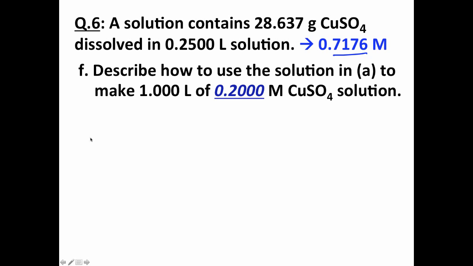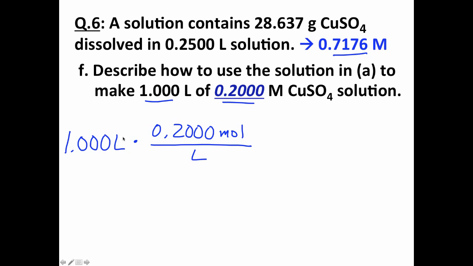First of all, one way we could do this is to say we have 1 liter of a 0.2 molar solution that we would like. So we have 1 liter as our starting amount of solution. We want a 0.2000 mole per liter solution.